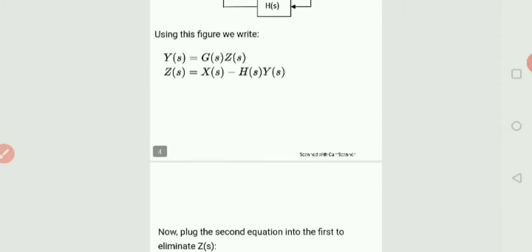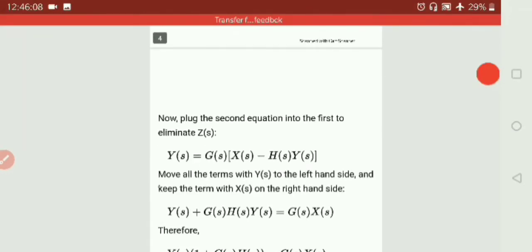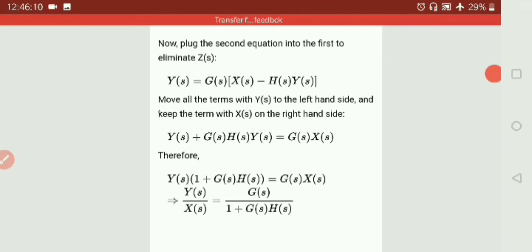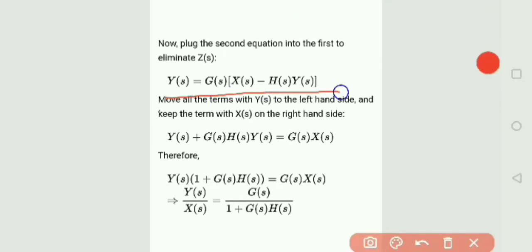If we put the value of Z(s) in the first equation, we get Y(s) equals G(s) into bracket X(s) minus H(s) into Y(s).